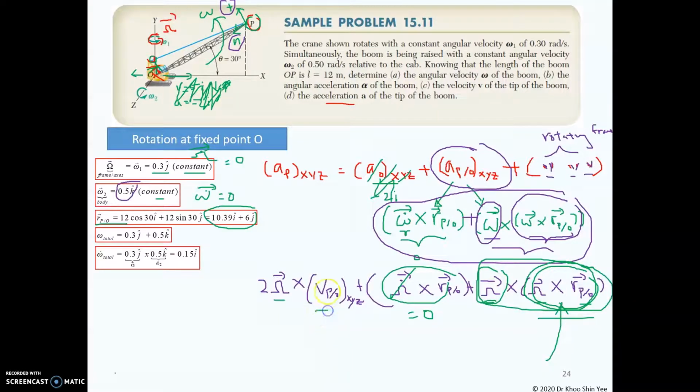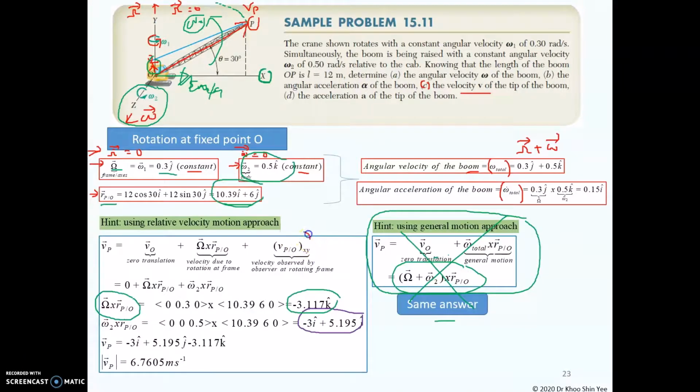Lastly, you need this component to compute the Coriolis acceleration. Luckily, you have computed this before in the velocity equation. This is equal to omega cross R P/O, which gives you this answer. So we can substitute this value inside.